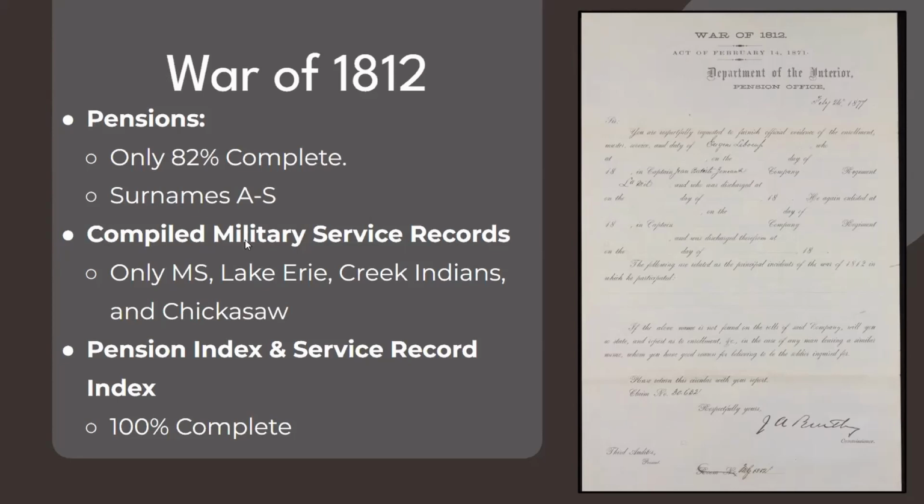Now, the compiled military service records, the entire compiled service record, they only have Mississippi, Lake Erie, relating to the Lake Erie station, the Creek Indians, and Chickasaw. That is all they have that's been uploaded to Fold3. However, there is both a pension index and a service record index that is 100% complete.